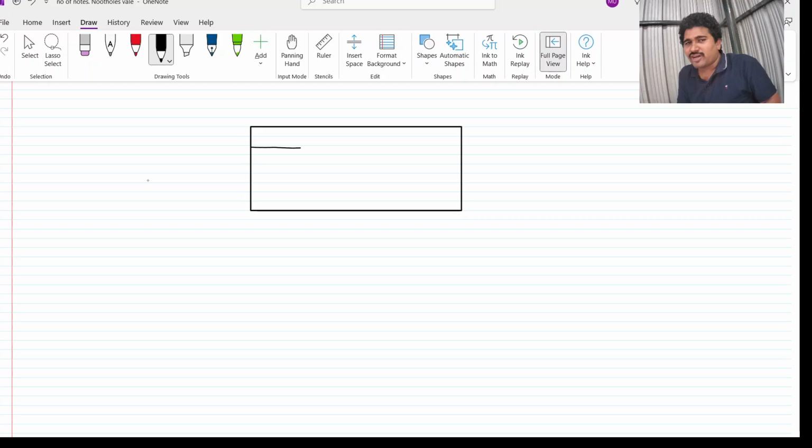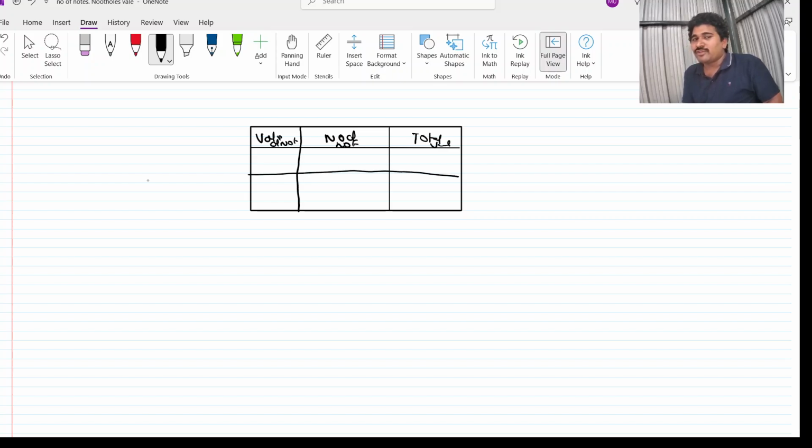Here, one column I will use for number of notes, and another column for total value, the value of the notes.